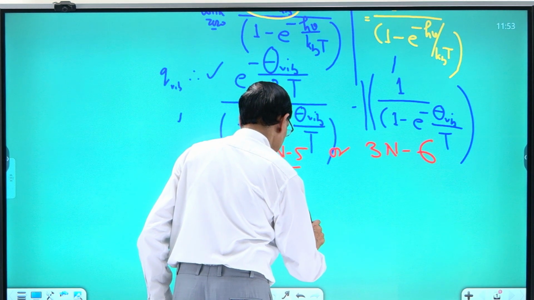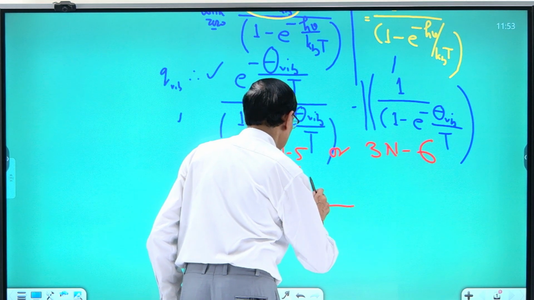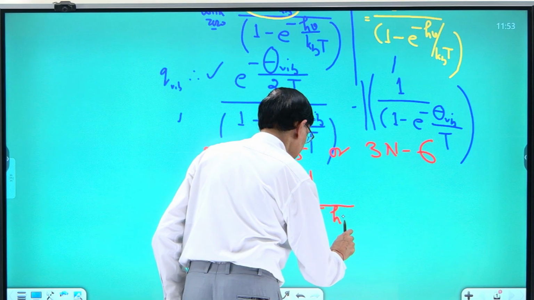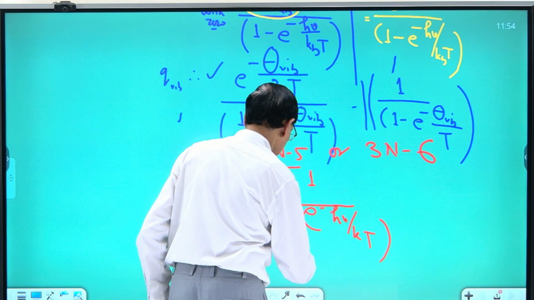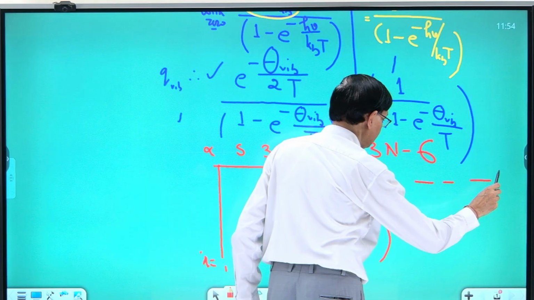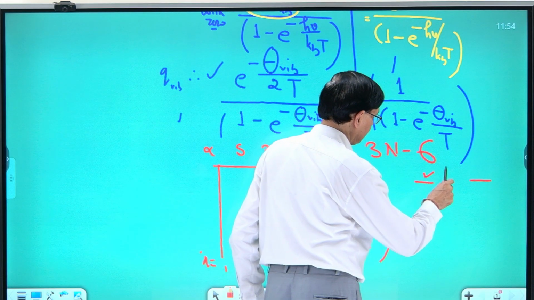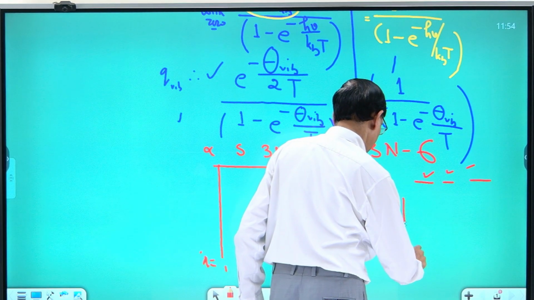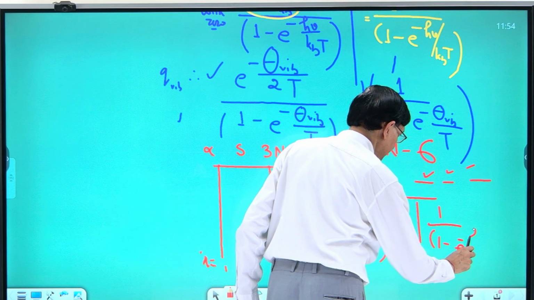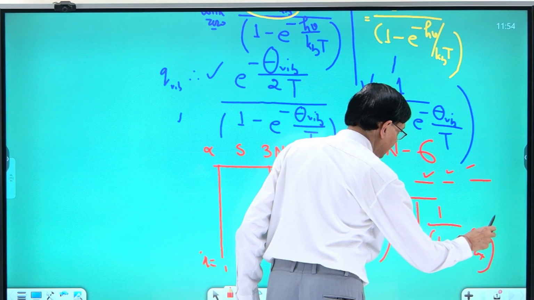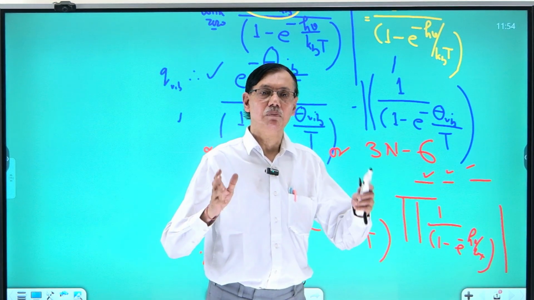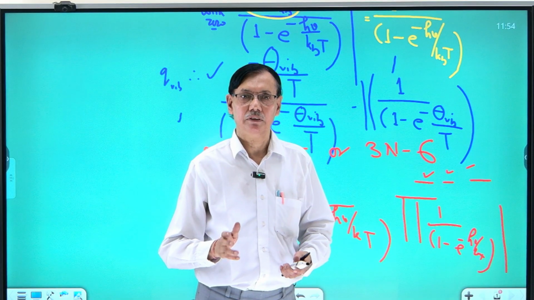The rest is the same: 1 divided by 1 minus exponential minus h nu divided by kT. The only thing is that you have to consider all these individually. Suppose there are three vibrational frequencies, then the product of 1 divided by 1 minus the exponential for each. So my suggestion is to please refer to some very good books so that you can understand the complete vibrational partition function. Thank you very much.